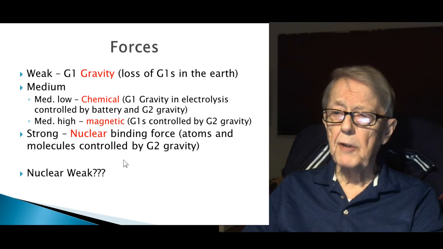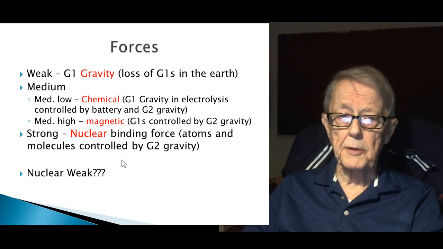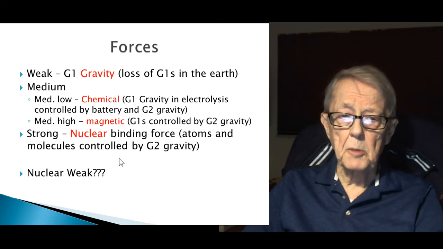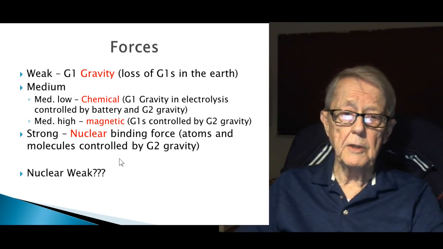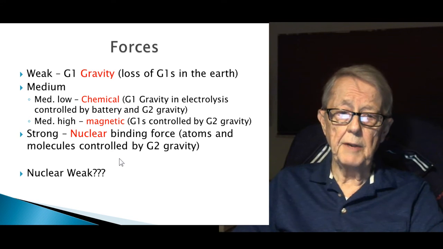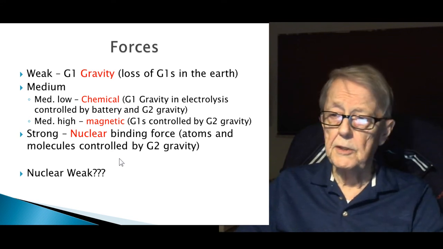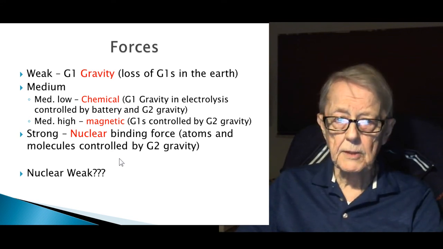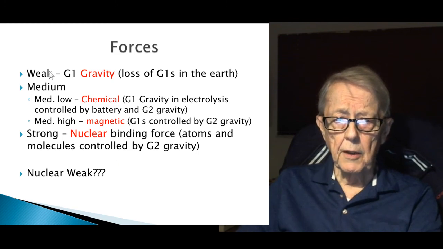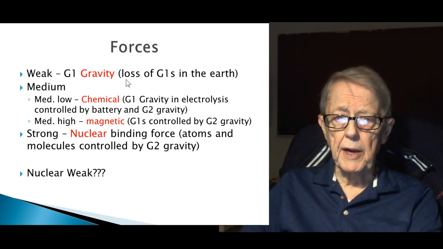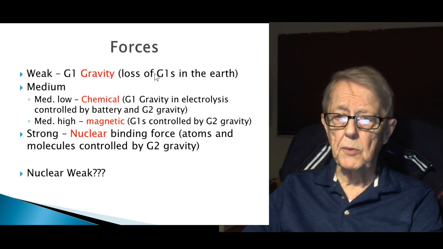I'm going to take a brief moment to talk about something a little bit different. Normally, when you hear the standard model talk, they talk about four forces. There's the weak force, the magnetic force, the strong nuclear force, and the nuclear weak force. I've listed some here. The weak force is G1 gravity, which is the loss of G1s through the Earth.